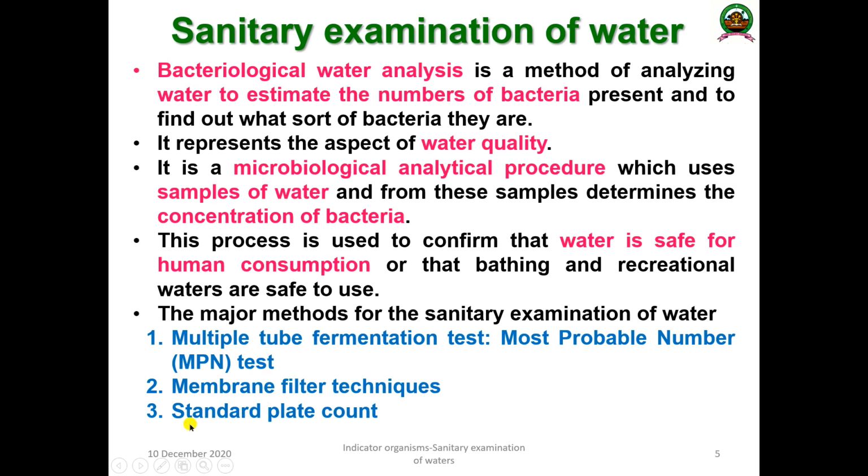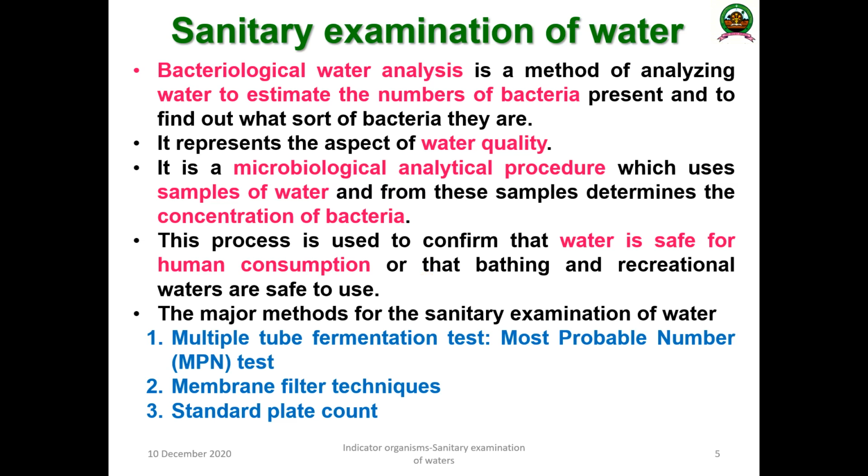The next one is the standard plate count, or aerobic plate count. These are the major types of tests that can be used to determine the quality of the water. Now we are going to see them one by one.